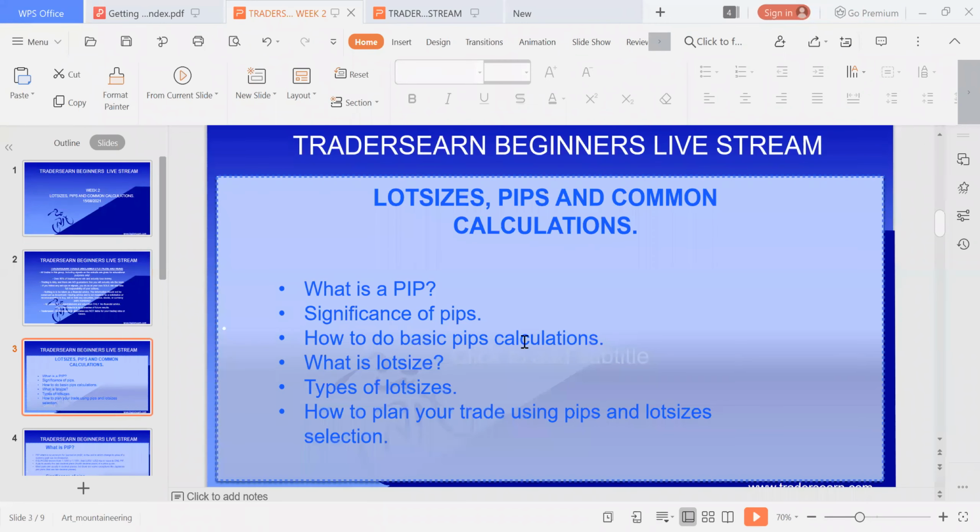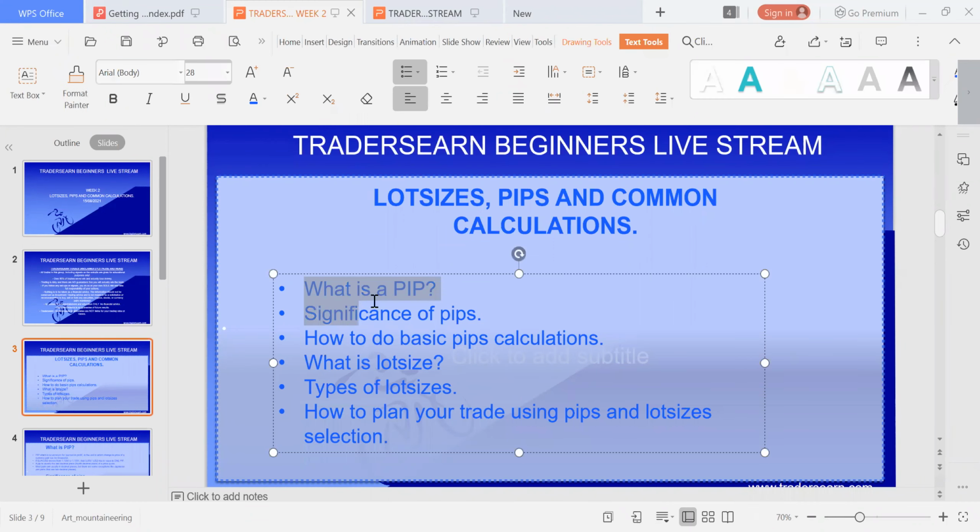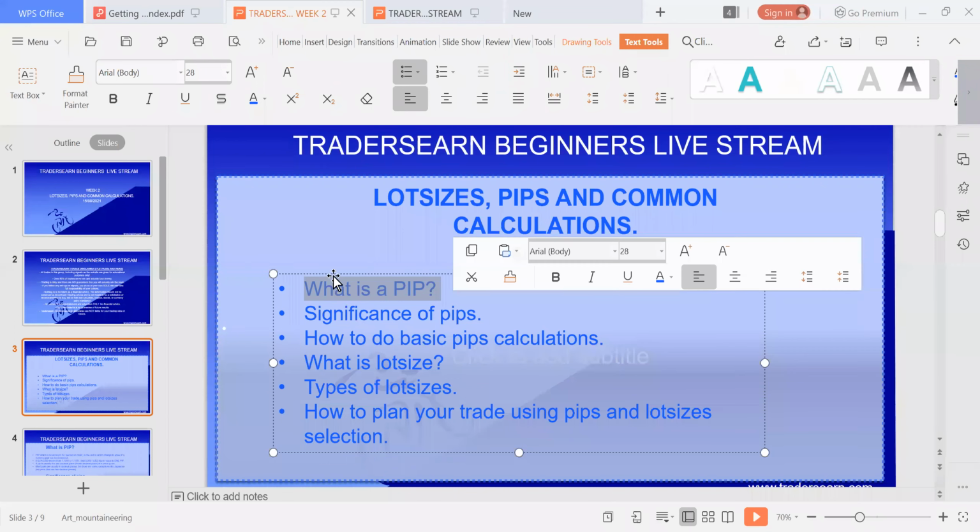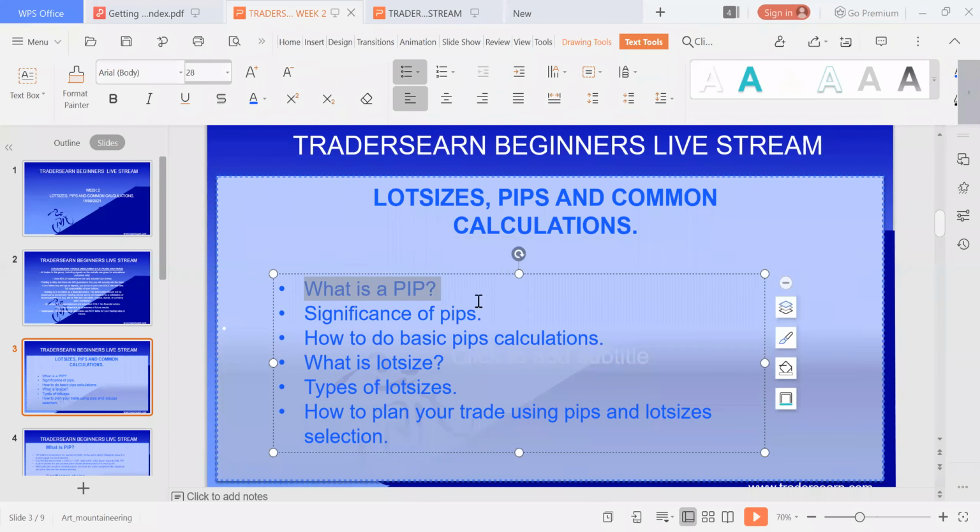Okay. So this is what we'll be covering today. We have already covered what a pip is in last week's class, and I will just be doing a recap of it. Then why pips, what's the significance of pips, then how to do basic calculations, which is the major thing this class is about.